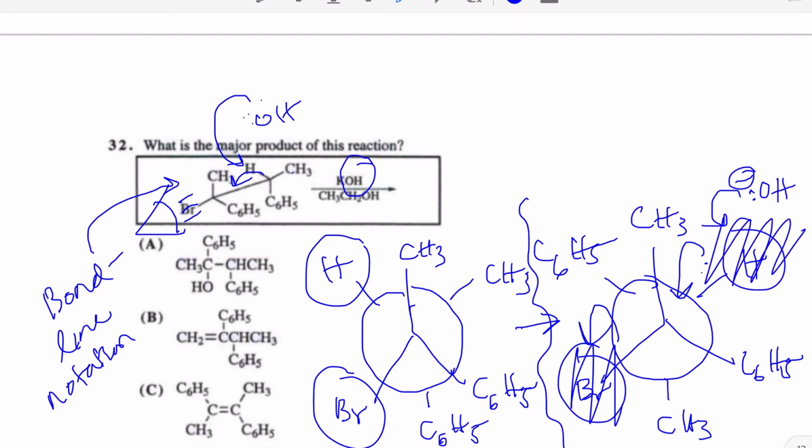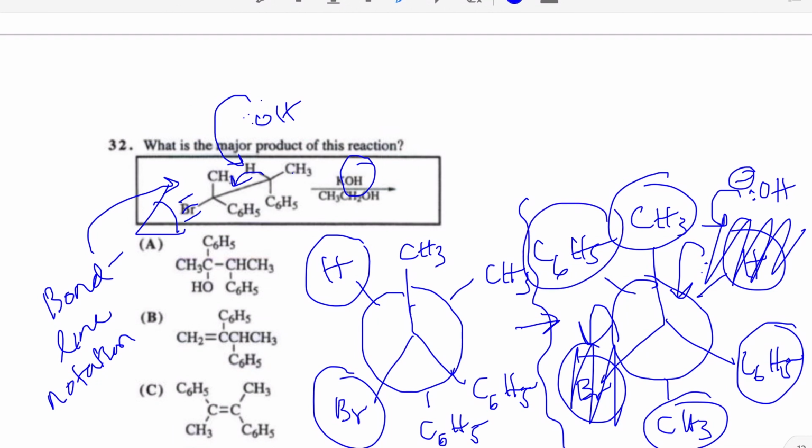So now let's look at the remaining groups, right? We find that a methyl group is anti to another methyl group across the newly formed double bond, and a phenyl group is also anti to another phenyl group across the double bond.